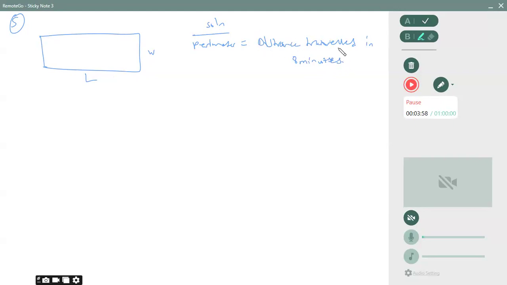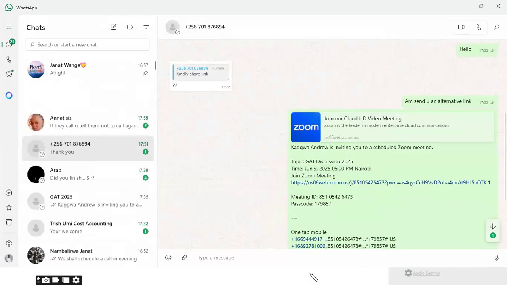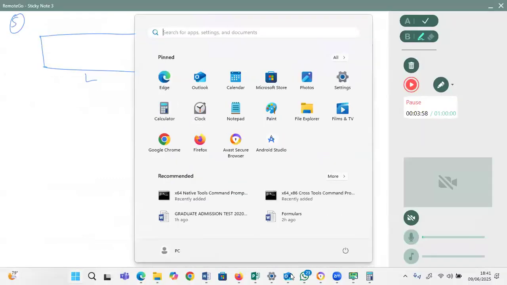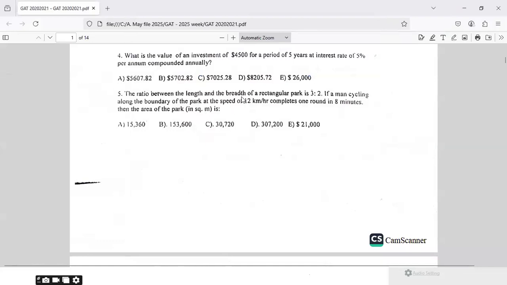The perimeter is the distance traveled in 8 minutes according to the question, because the question is saying that he completes one round. We are told that the ratio between the length and the breadth of a rectangular park is given. If a man is cycling along the park at a speed of this, we have been given the speed, we have been given the time, we have almost everything.